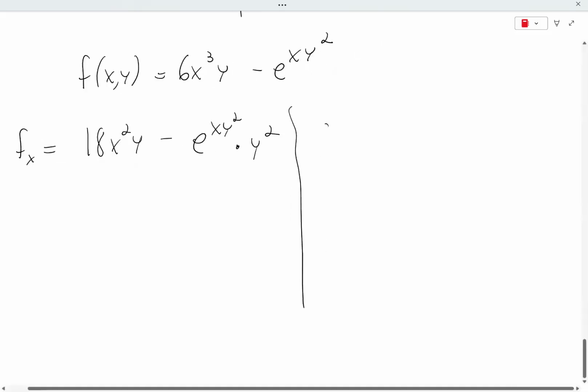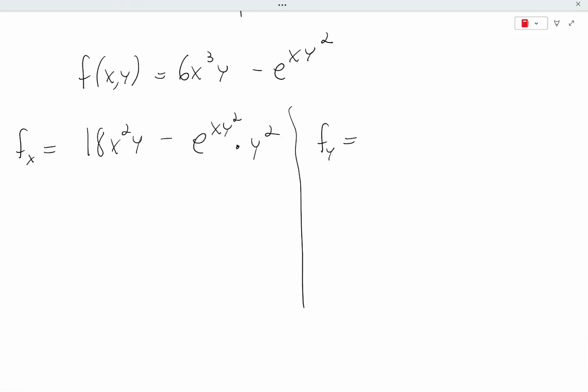Now, let's say f sub y. Let me try this one here. Okay, so what would be the first term there? Yep, 6x cubed.